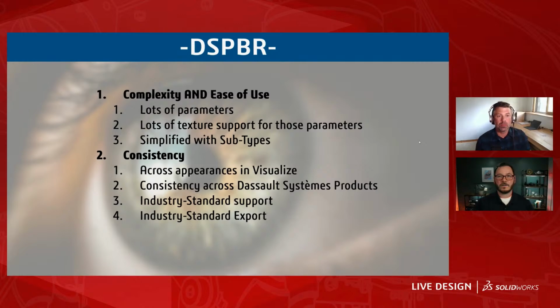So you've got all of that detail for fine-tuning things when you really need it. But they did a great job of simplifying that down to the subtypes, so you don't have to know which ones of those apply to your particular situation for every appearance. You can use those subtypes, and then if you want to add more information to that model, use those maps. You can load in maps, and you get a lot more data there.